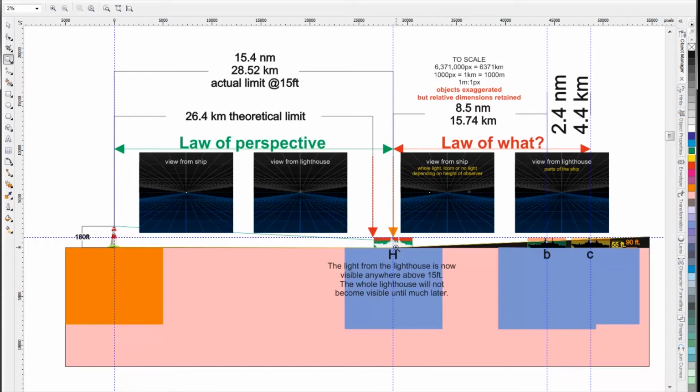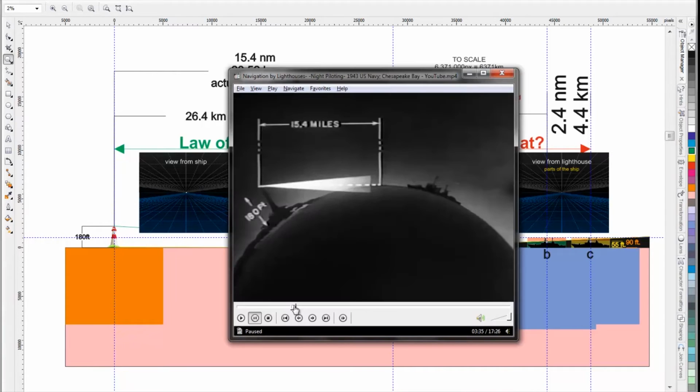As the Bowditch Naval Manual specifies, when an observer is at the horizon, at a 15 feet elevation, that's where he can see the lighthouse at the 15.4 nautical mile distance and at 180 feet height. Because if he is any further away from the horizon, he will not be able to see the light anymore.